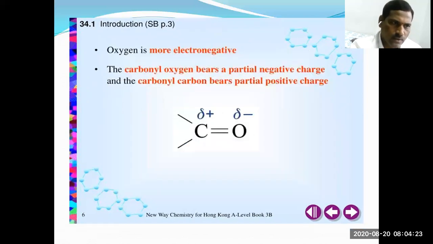In the carbonyl group, oxygen is more electronegative than carbon. That's why the carbonyl oxygen bears a partial negative charge and the carbonyl carbon bears a partial positive charge. This is the partial negative, partial positive.